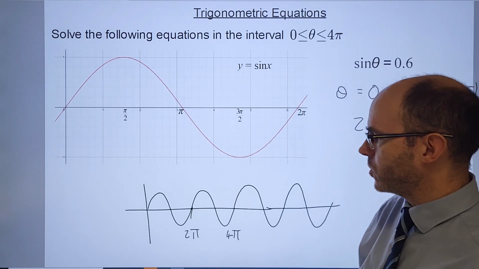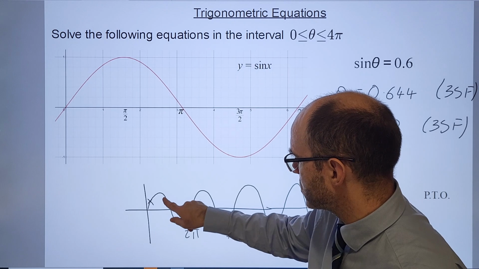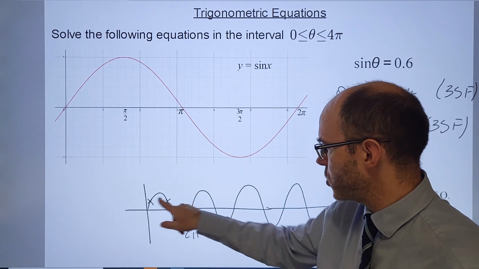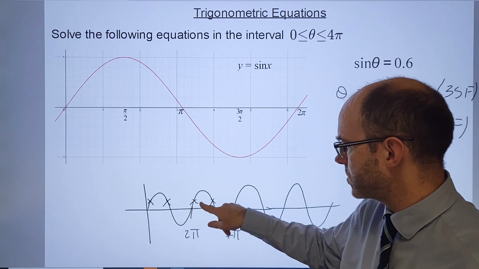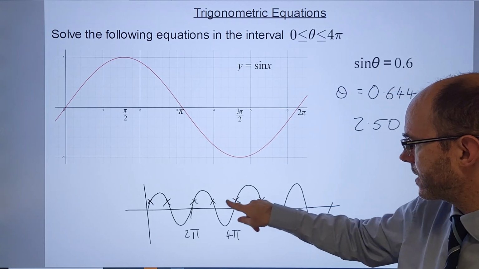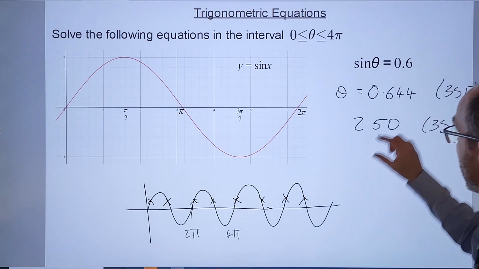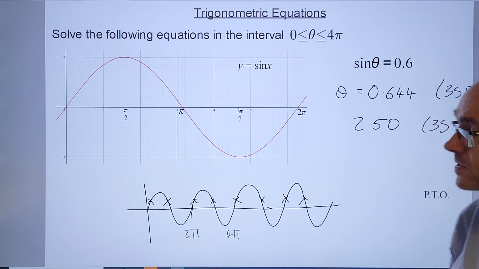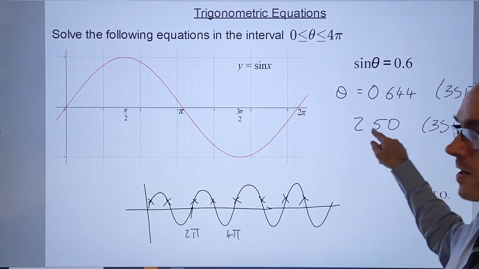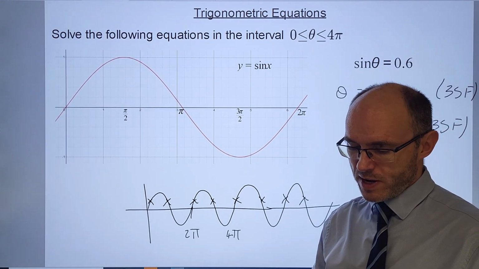Okay. All you do is to get from these two initial answers, you add on 2 pi to each of them, and you get to those two. 2 pi to get to another 2, 2 pi to get to another 2. So to generate more answers, you just keep on adding 2 pi to each one of these. Okay? Because I've got this one still in my calculator display, I'm going to add 2 pi to that.